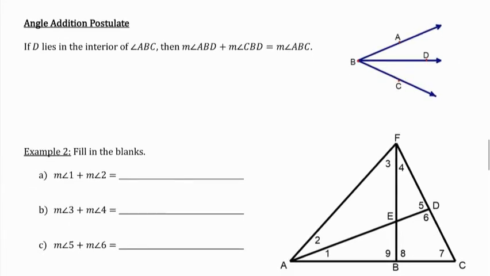All right, when we talked about segments, we had a segment addition postulate, which basically just meant if I have 2 points on a segment and another point in between them, I can add the 2 pieces together to get the whole thing. Same exact thing for an angle addition postulate. Okay, so with this picture here, I've got this small angle, I have this other small angle here, and then we have the whole thing, right?